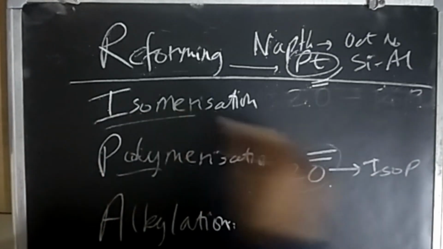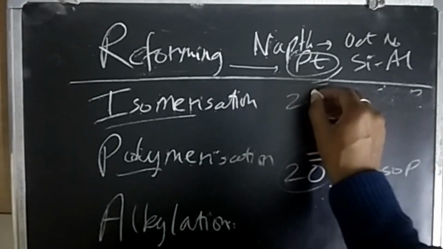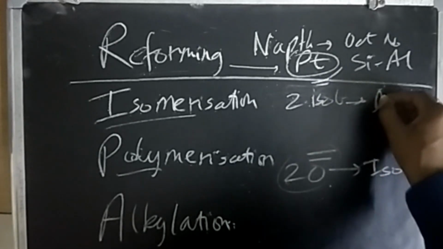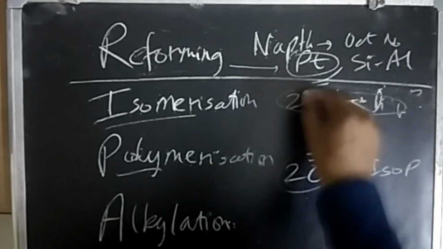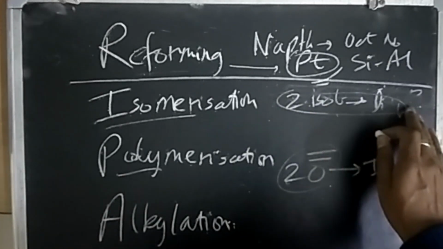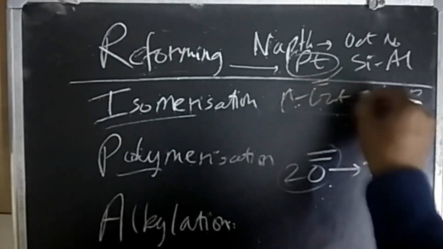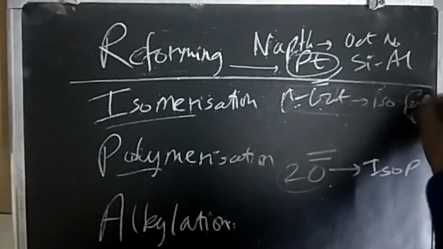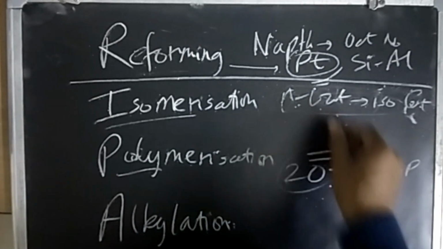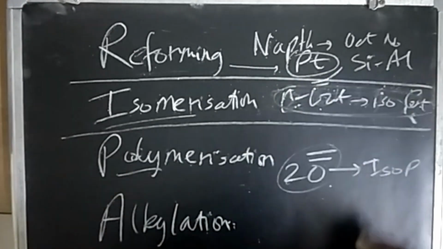Isomerization means simple isomer creation, like n-butane to isobutane, which is a good example. An isomer is created, and paraffin is moved to isoparaffin.